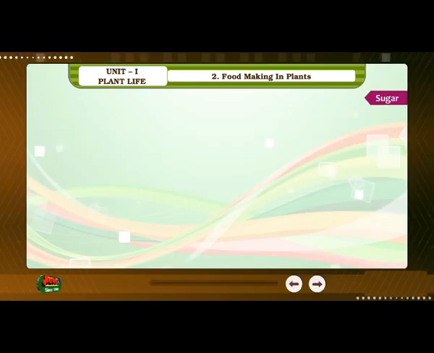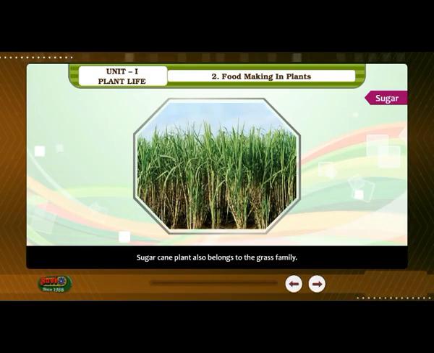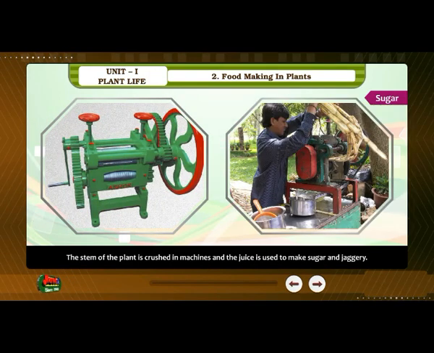Sugar. Sugarcane plant also belongs to the grass family. The stem of the plant is crushed in machines and the juice is used to make sugar and jaggery.